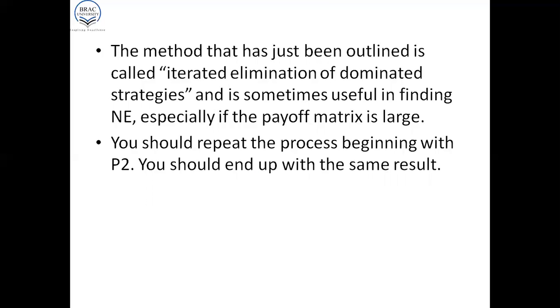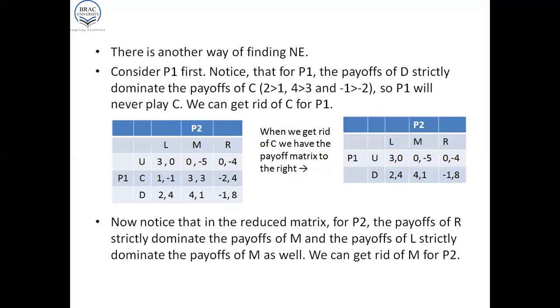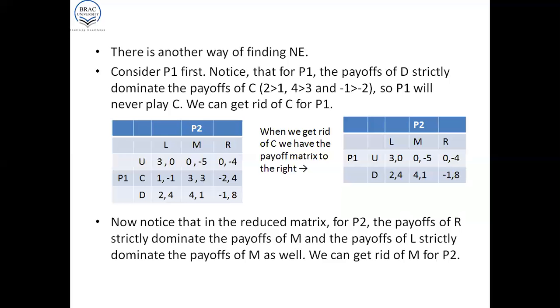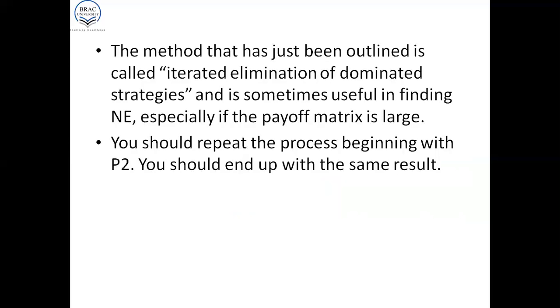For the example that we just did, we started with P1. If you start the iterated elimination of dominated strategies with P2, you will end up with the exact same result.